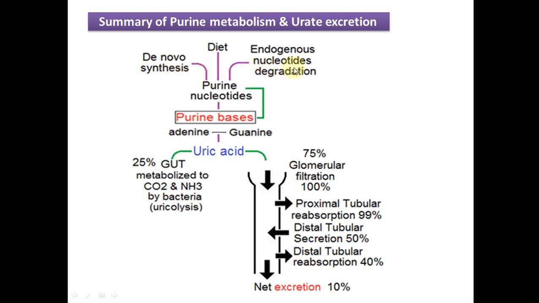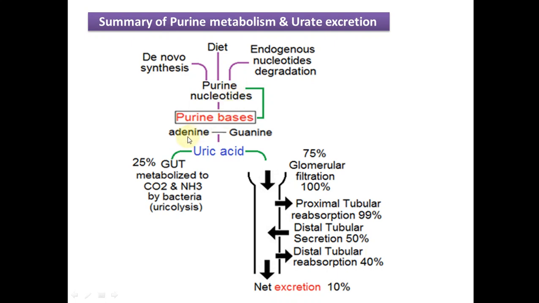And in conditions when there is excess breakdown of the cells, for example, during chemotherapy, radiation, and other conditions which are characterized by excessive cell breakdown, the nucleotides are released and degraded, releasing the purine nucleotides.